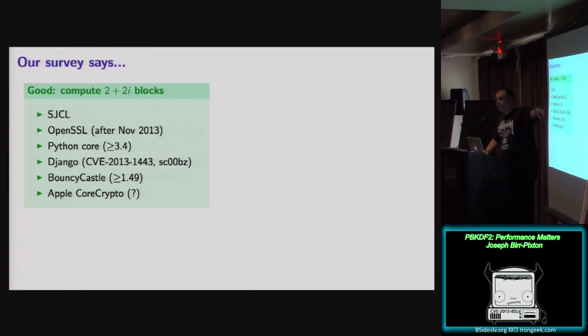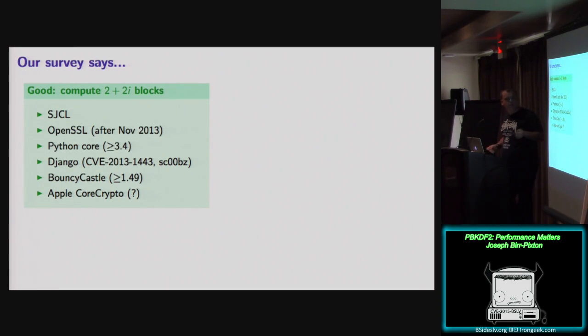Django did the same thing, but in a different context. This CVE was actually a denial of service. One thing I didn't cover is that if your password is very long and you do an HMAC for each step with the key scheduling and everything, HMAC has to pre-process very long keys.